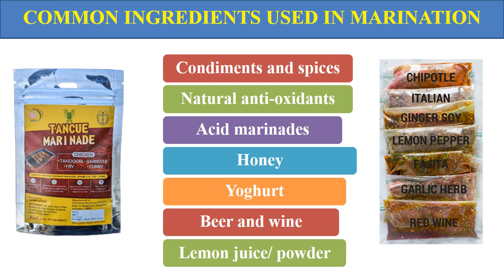There are acid marinades, as I have already discussed earlier. There is honey commonly used for marination. Yogurt, as I have already mentioned. Beer and wine are also used for marination, and lemon juice or powder or other citrus fruits and their juice. So these are the common ingredients used for marination.